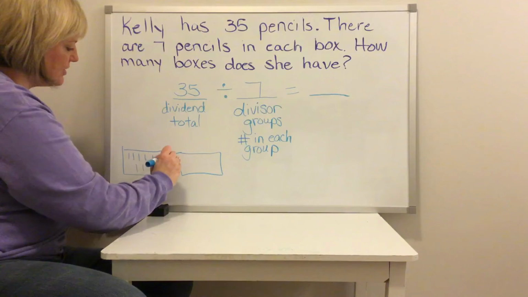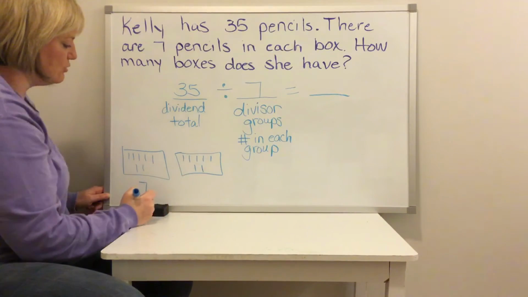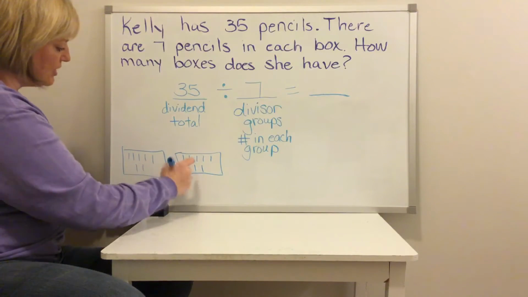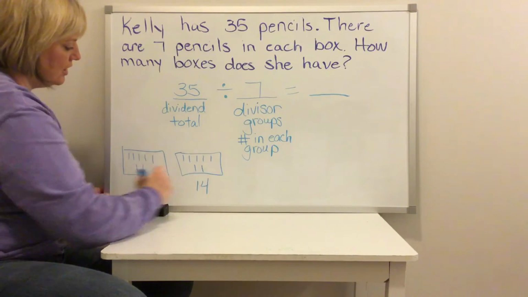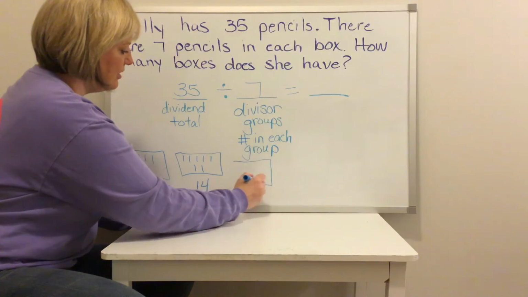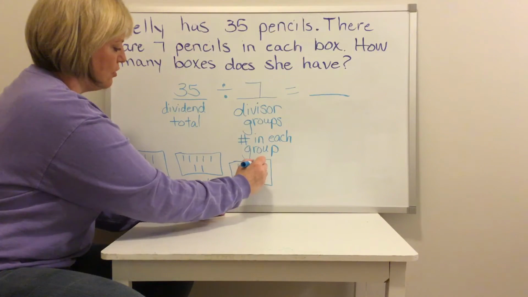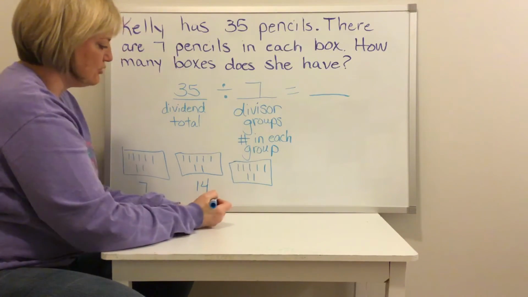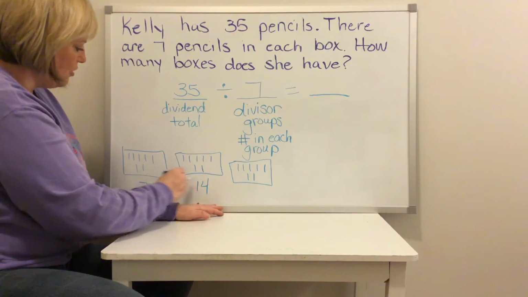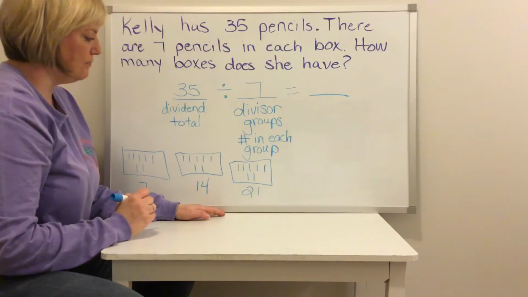Going to take another box and put 7 pencils there. These 7 plus these 7 give me 14 pencils. I'm going to make another box and put 7 pencils there. All of these together now give me 21.